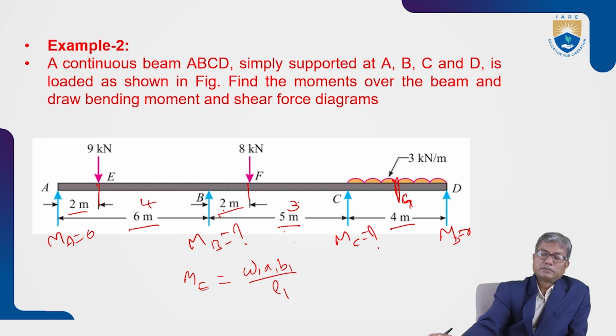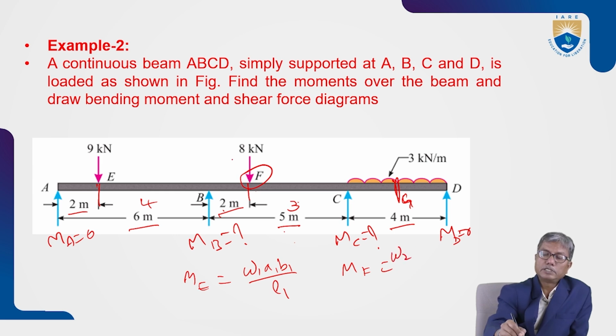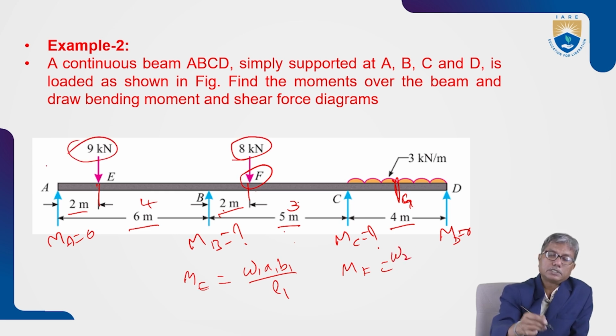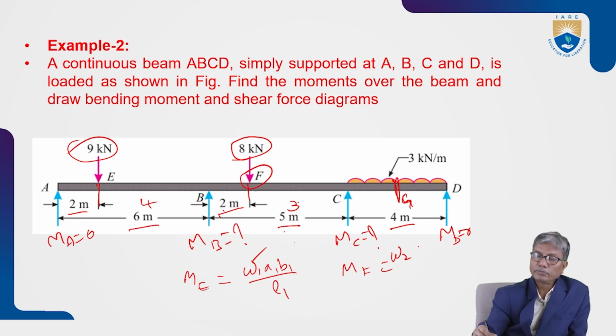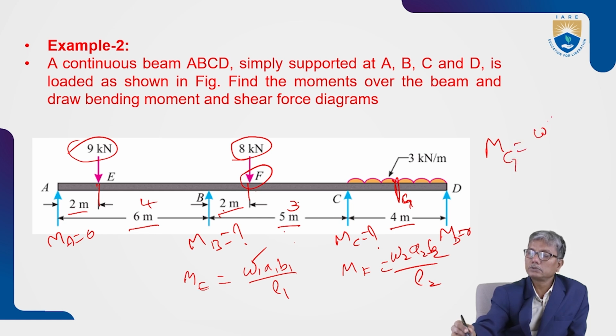So the bending moment at F is W2, that means 8, W1 is 9, A2 B2 by L2. And bending moment at G is, with small w here being UDL, wL3 square by 8.